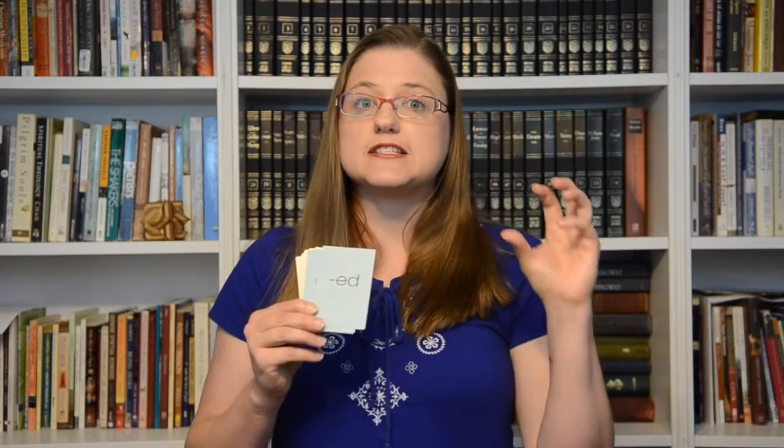So you want them to understand that it's being added to a verb. Ed always goes on a verb, and when it's added to a verb, it means that it happened in the past. And I'll throw my hand over my shoulder to show the students that it happened in the past. And so if they look at the word and it's a verb and it has the d sound, it's still going to be spelled ed, or the t sound, it'll still be spelled ed.